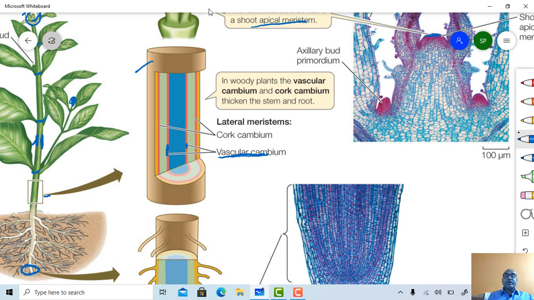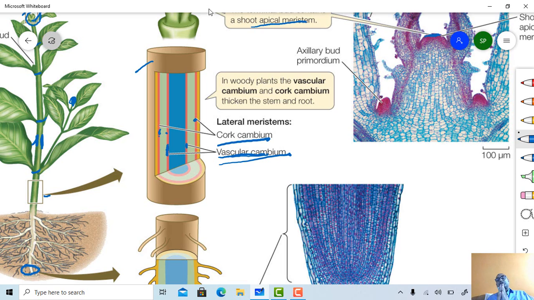Lateral meristem is present in this one region, this one and this one. Generally, lateral meristem is of two types. One is the vascular meristem or vascular cambium, and the other is cork cambium.